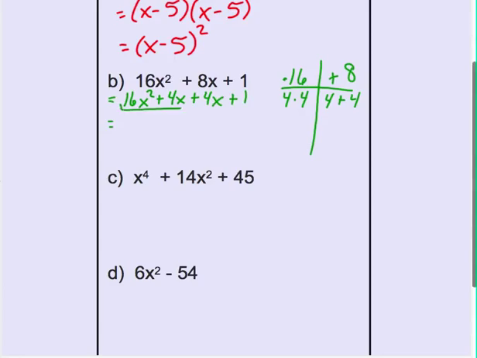The GCF for those first two terms is 4x, leaving us with 4x plus 1. For the second two terms, the GCF is 1, leaving us with 4x plus 1. So we get (4x + 1) times itself, or (4x + 1) squared.